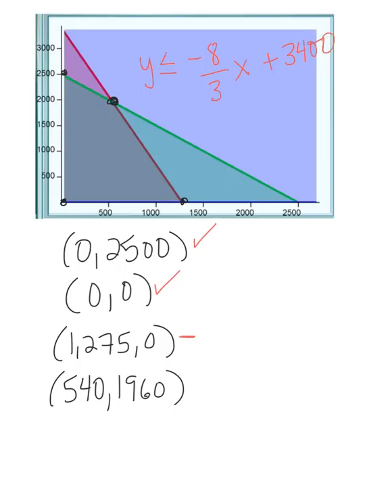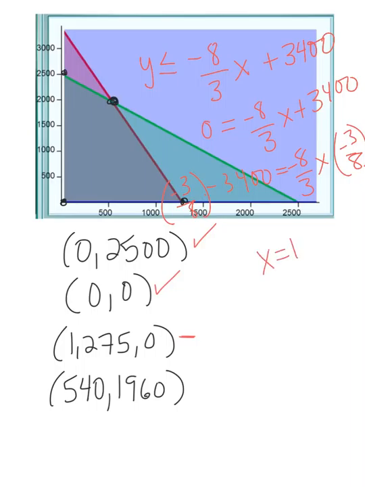So we need to figure out, when is y 0? So we can go ahead and solve for that by subtracting the 3,400 from both sides and multiplying both sides by negative 3/8. And when you do that, you're going to get that x is 1,275.